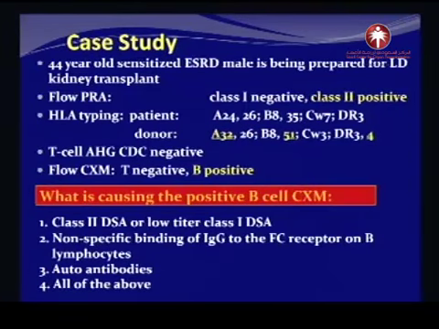So that's the beauty of the single antigen. In the old days, it was very hard to ascertain the specificity and what's causing the B-cell cross-match. But with single antigen, at least you can put the issue of class 2 causing this reaction to rest, especially if you demonstrate class 2 donor-specific antibody, in this case against DR4, for example.